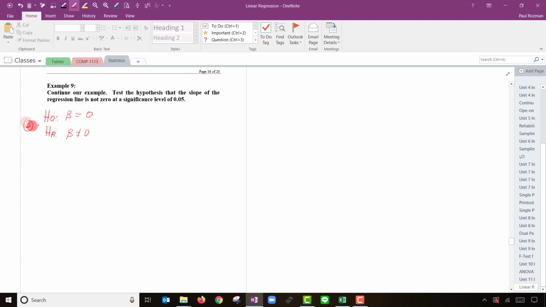That's step 2. Step 1 is what the claim is. Then move on to step 3, pick a significance level. I hate to write alpha because these parameters are also alpha and beta, so I'm just going to say significance.